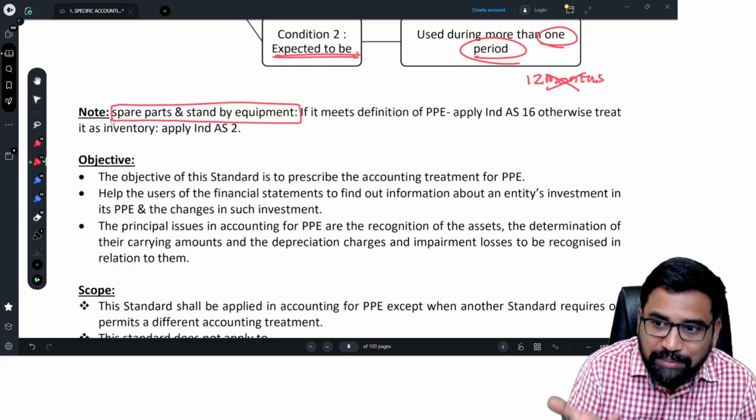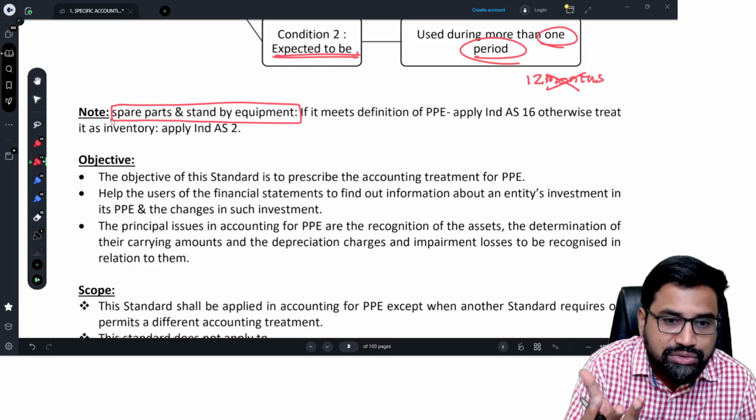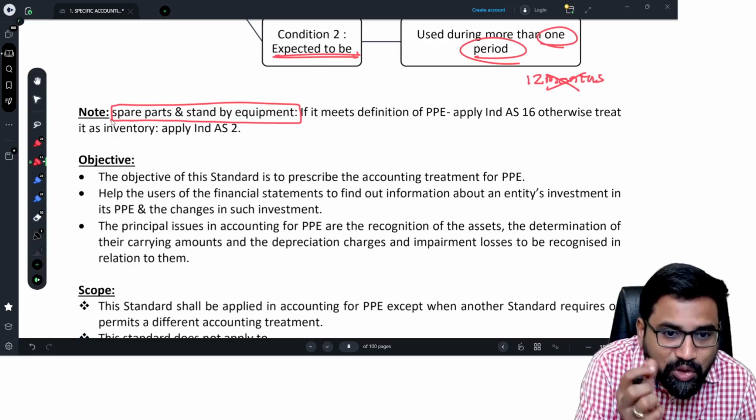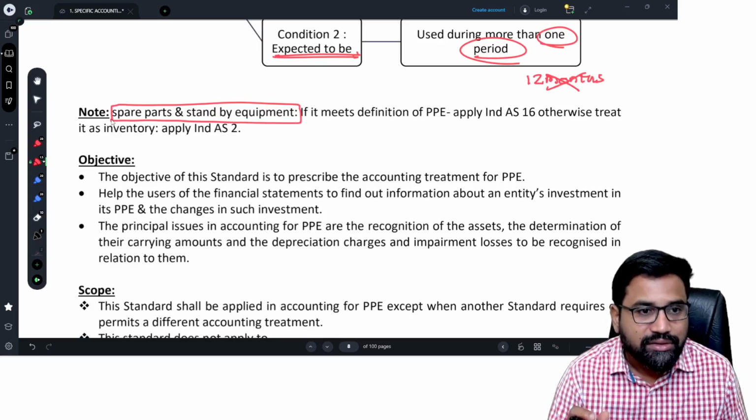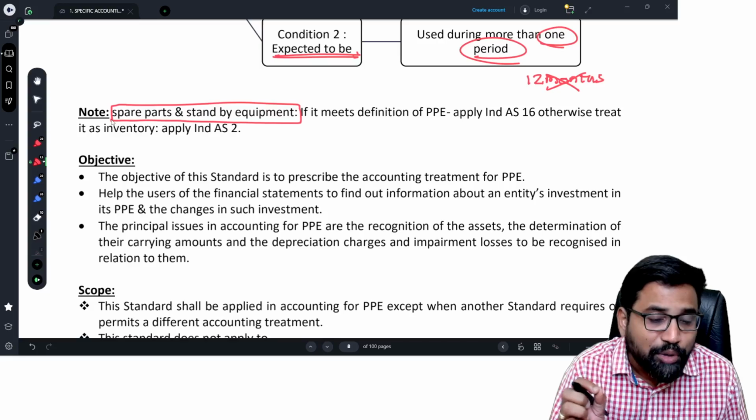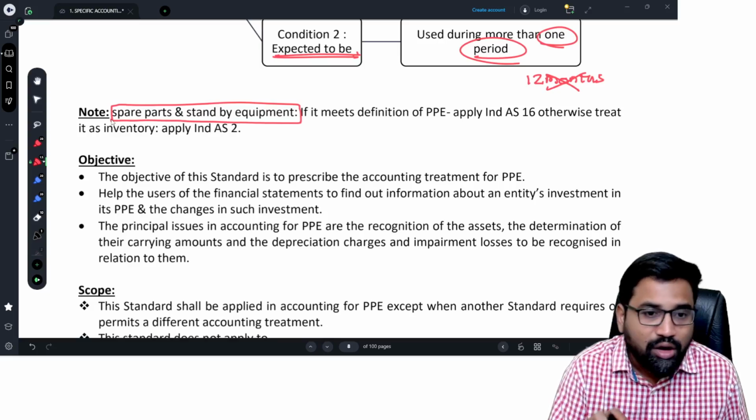Those are called spare parts, like for example bolts, screws, jigs, fixtures, molds, dies. These are small equipment.